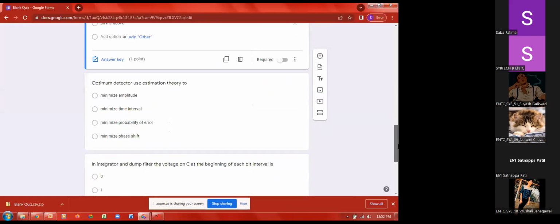As I told you in the beginning, I had divided the receiver model into signal demodulator and detector. For the optimum detector, we use estimation theory for designing a filter in such a way that we have less probability of error. We cannot minimize the amplitude, because then the information will be lost.